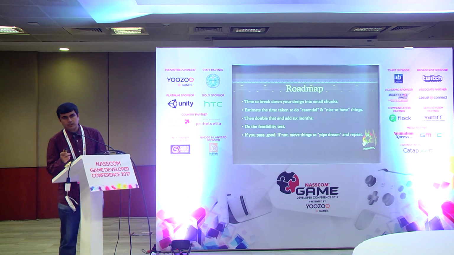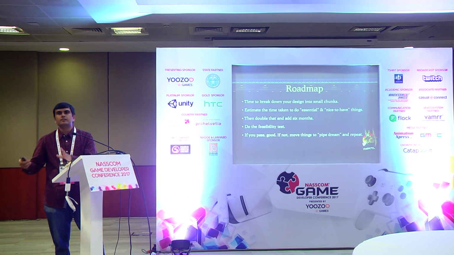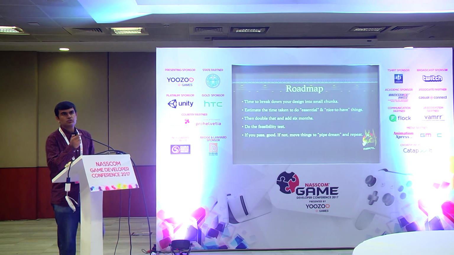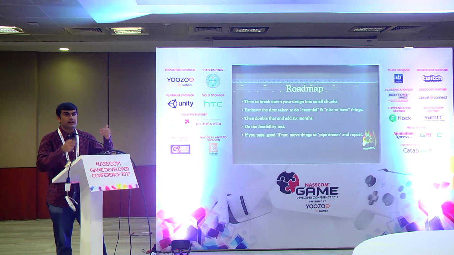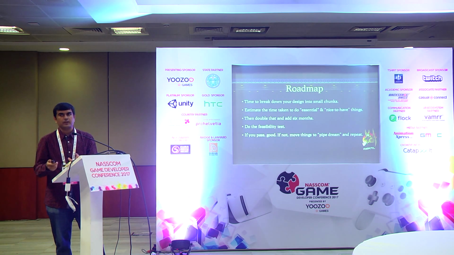Because crucially, teams end up cutting features towards the end, where it's the worst time to start cutting. Instead, what you should do is start cutting features right at the prototyping and as soon as you start making them. Because in case your design needs to change, in case you need to adapt your design to fit this new feature set that you have, then you can do that with time remaining.